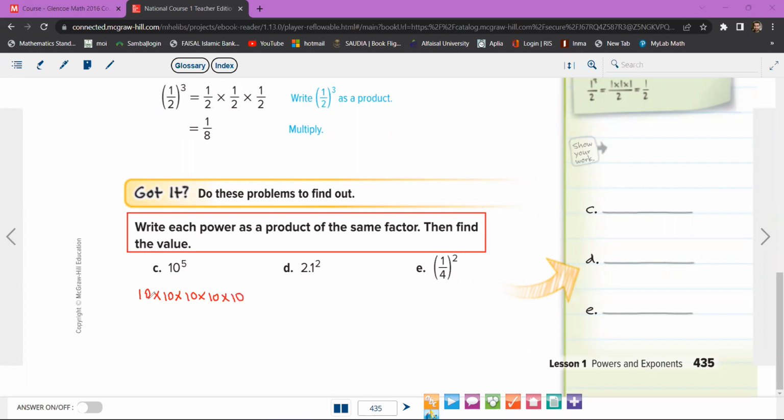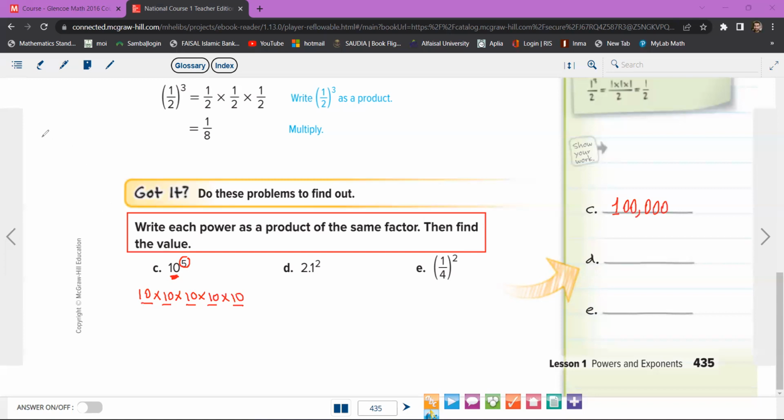So 10 times 10 gives you 100, times 10 is 1000, times 10 is 10,000, times 10 is 100,000. Or simply, since the base is 10, you put the number of zeros according to the power of 10. 10 to the power of 5 has 5 zeros, so it's 100,000.